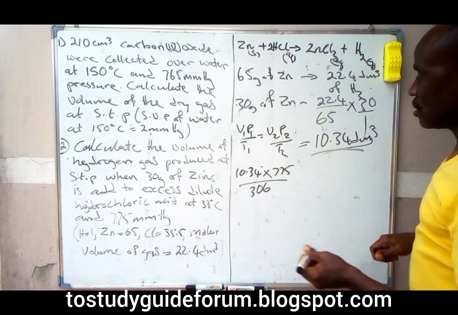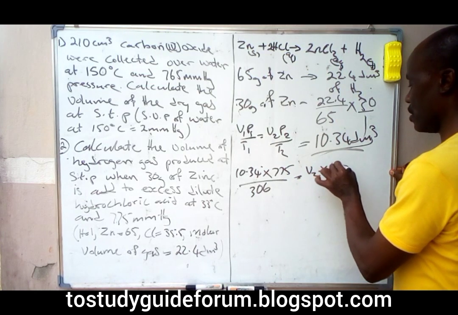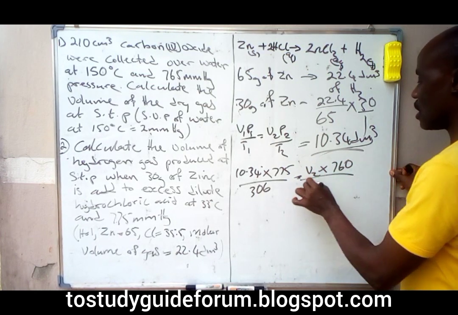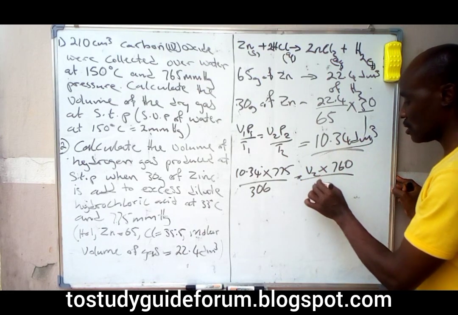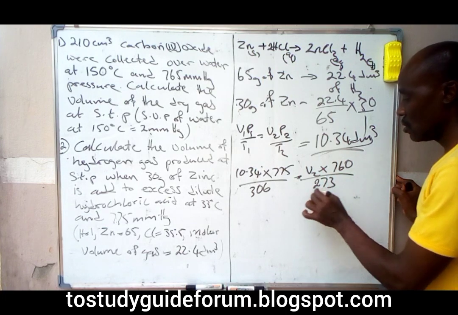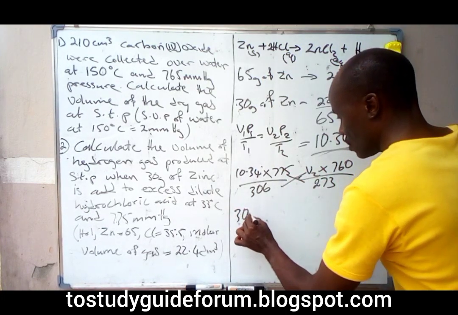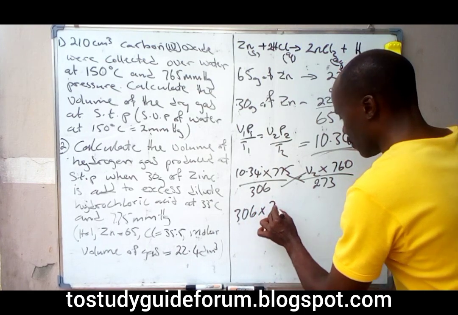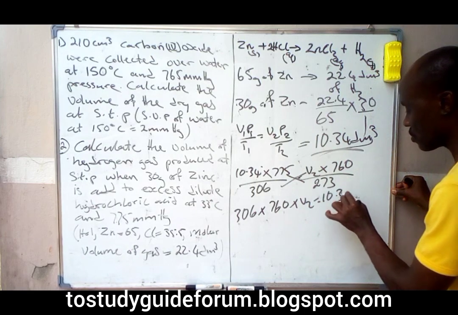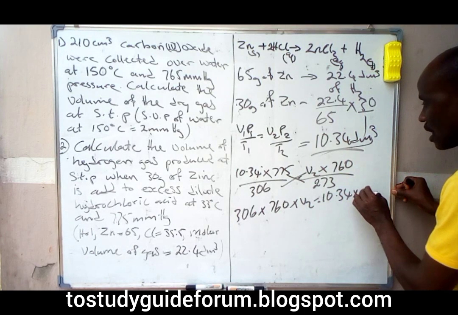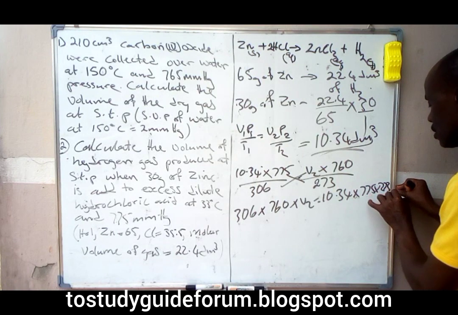And the other one, we have the volume, which we don't know. The pressure now will be 760, that is the standard pressure, and the standard temperature will then be 273. So when we multiply through, we have 306 times 760 times V2 equal to 10.34 times 775 times 273.